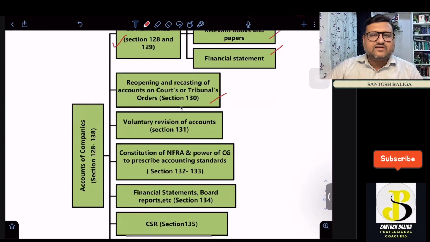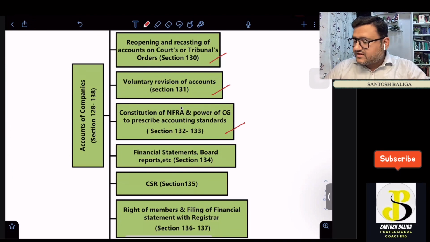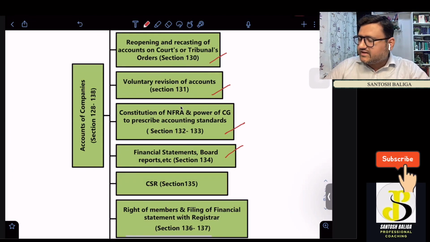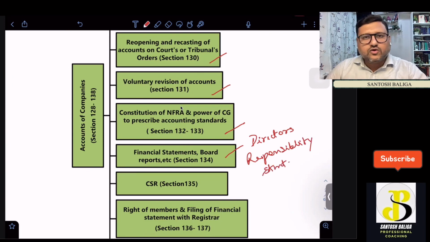Also, section 130 is uploaded, section 131 is uploaded, section 132, 133. 133 is a very small part of it, so that is not uploaded, but section 132, which is NFRA, has been uploaded with a detailed analysis of the same. Section 134, I have already uploaded two, and I would be today putting in the third part of it, which is speaking about directors' responsibility statement. So this lecture will cover director's responsibility statement.